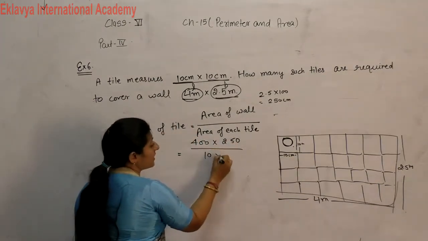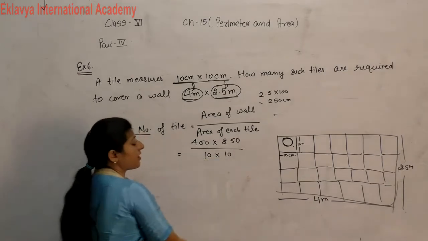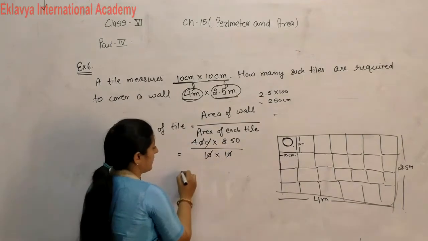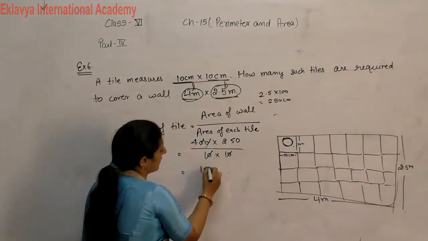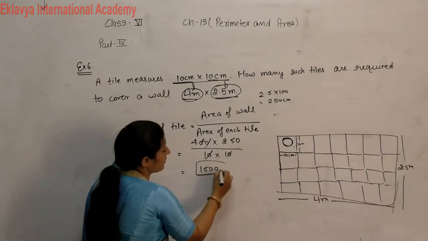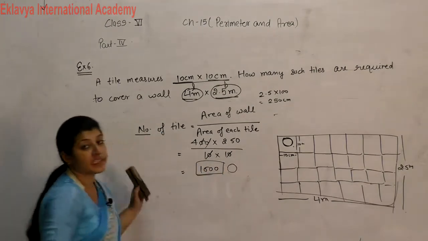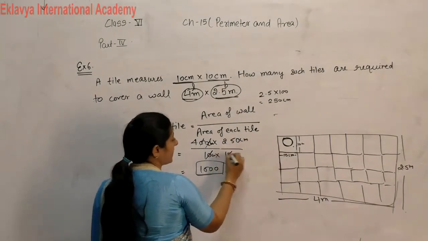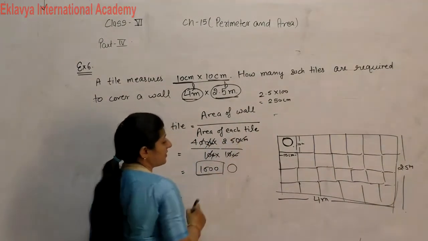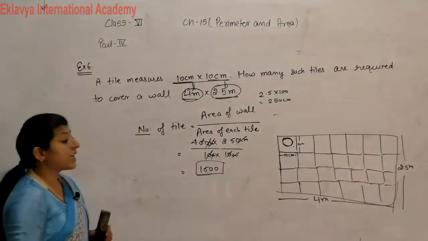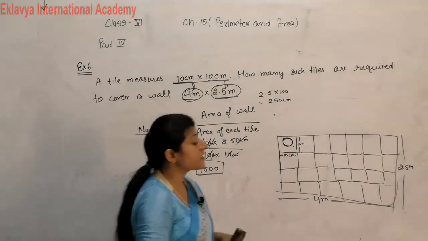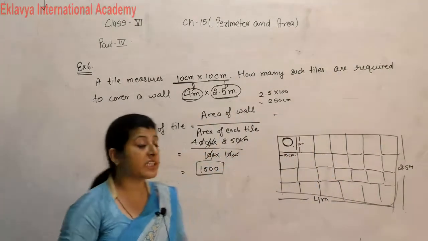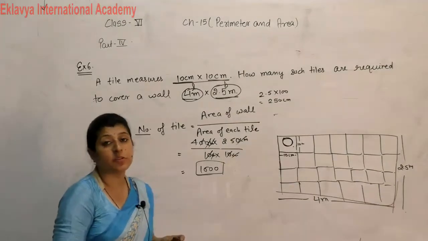Divided by the tile area, there is no need to convert here because this is already in centimeter. Solve it. 25 4s are 100 and 1 0. There is no unit here, because centimeter, centimeter cut by this, and these are the number of tiles. It means how many such tiles will be placed on this wall? There are 1000 tiles to cover this wall.